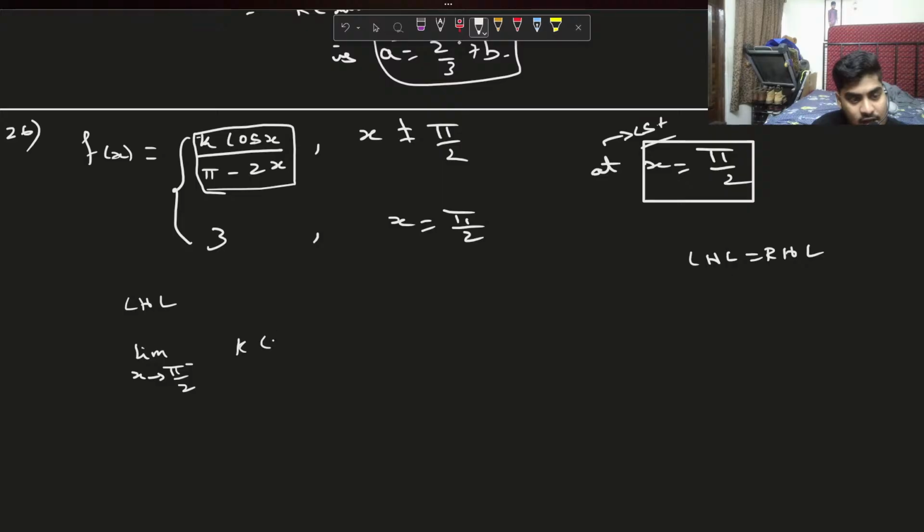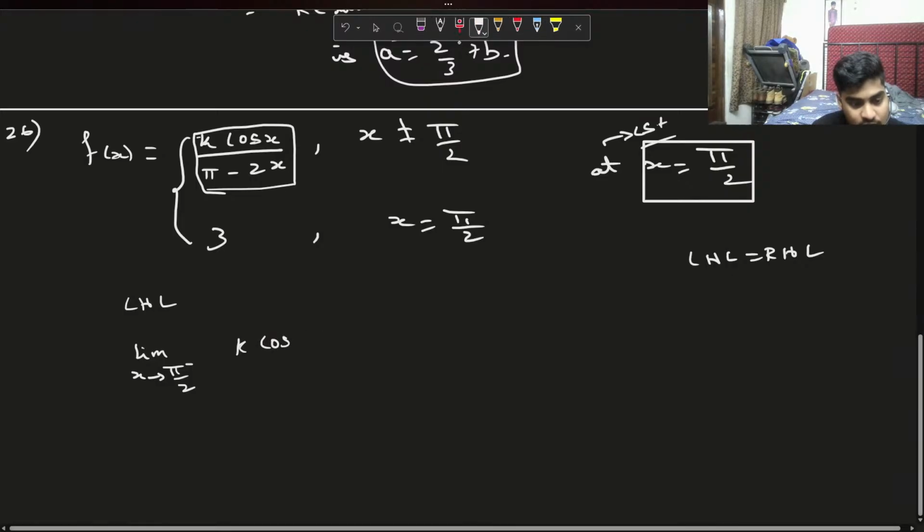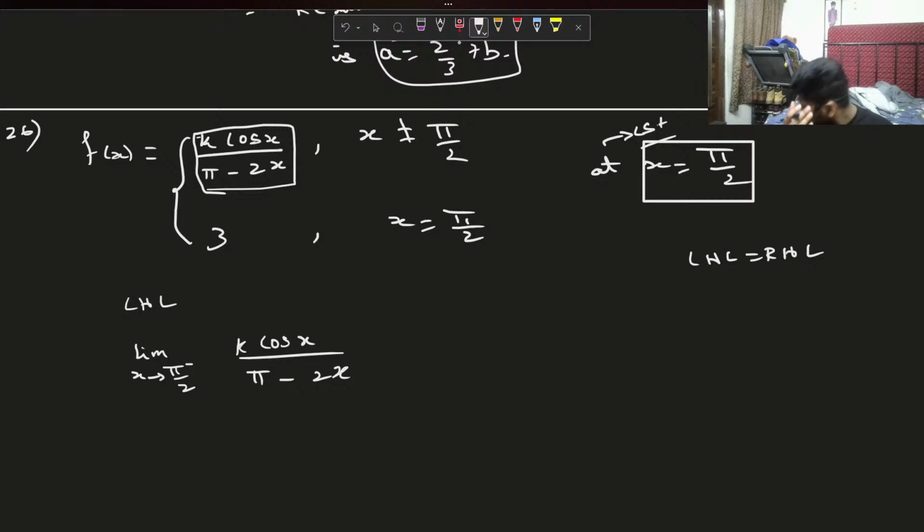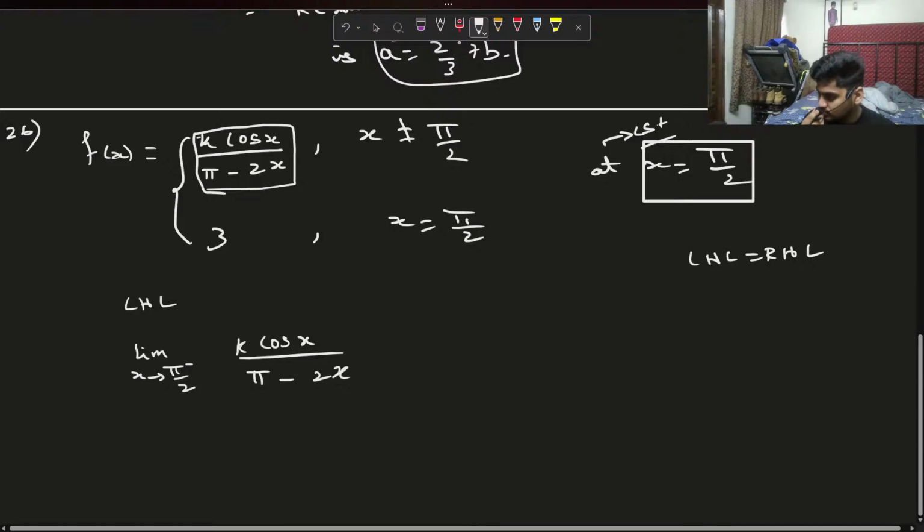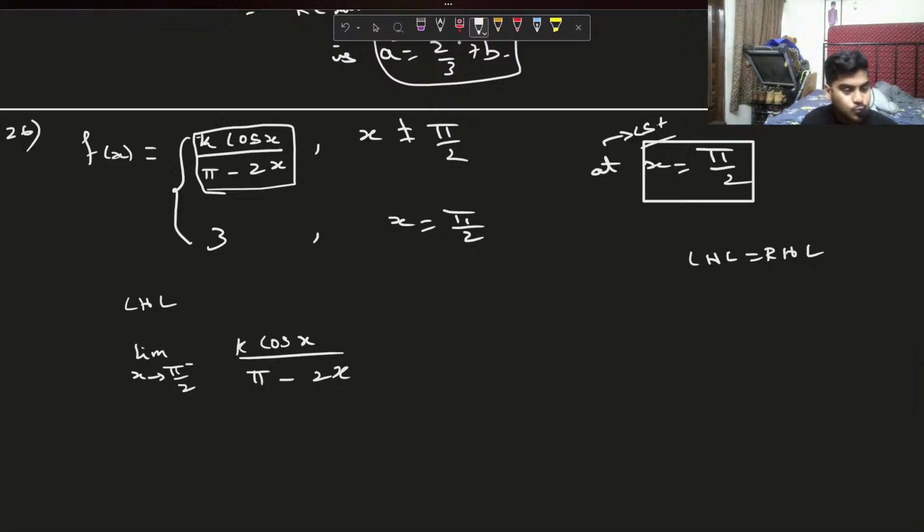Which is k cos x by pi minus 2x. Correct? Okay?